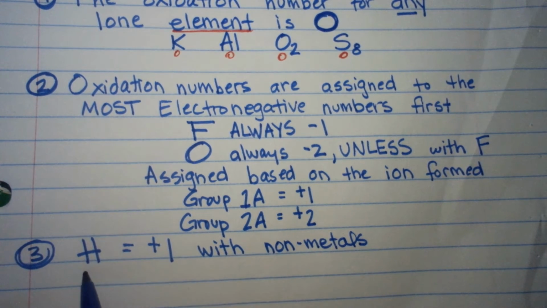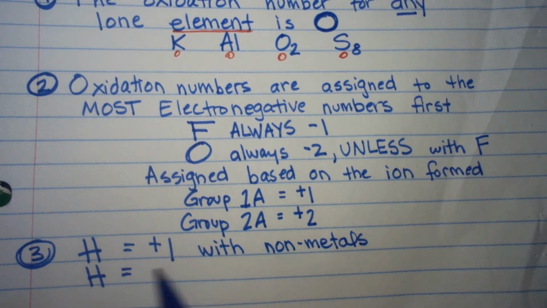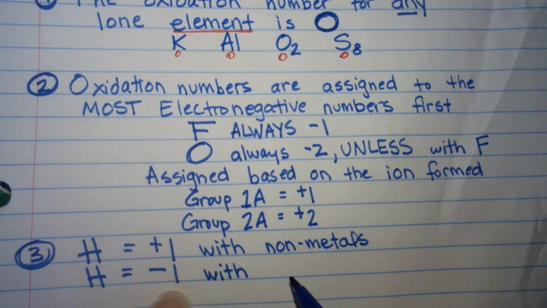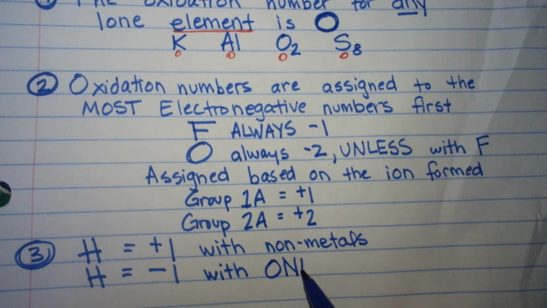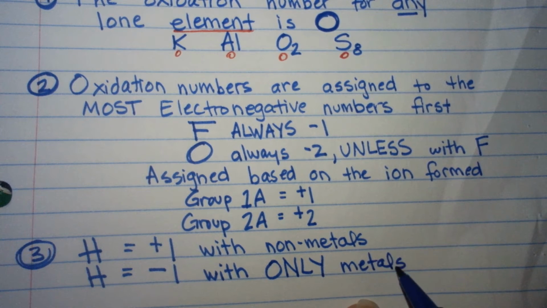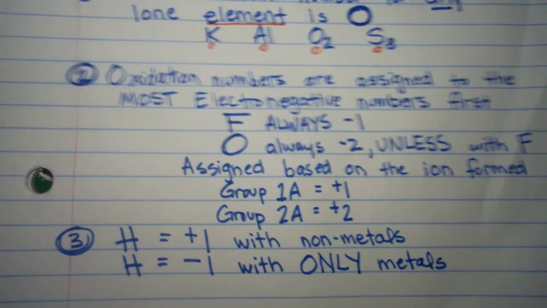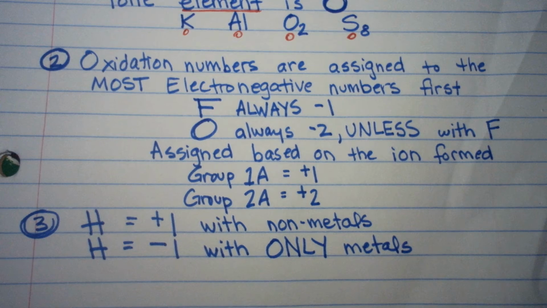But hydrogen is a -1 if it is only with metals. So hydrogen is a -1 with only metals. So this is kind of like a riddle puzzle you have to figure out when you're looking for oxidation numbers.